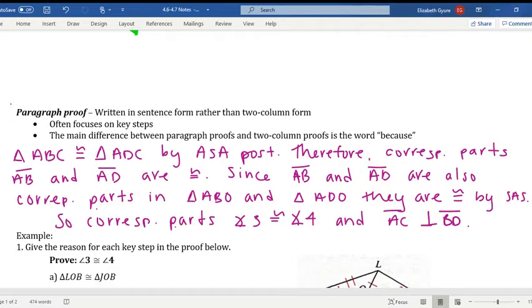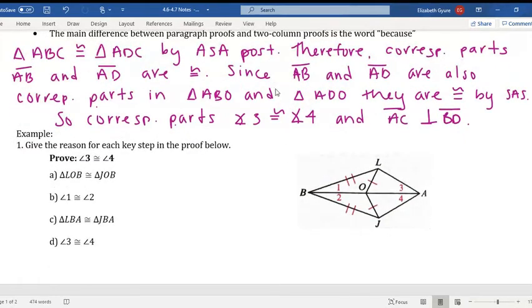And your order doesn't even have to be exactly the same, because maybe you said certain things before others. You could even simplify it and say, since AB is congruent to AD, then triangle ABO is congruent to triangle ADO because they're also in that triangle, right? There's a lot of different ways to phrase it. This is just one example.